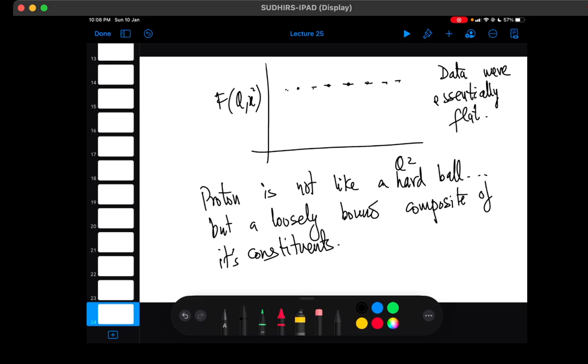if these are quarks, like Gell-Mann has predicted, but there was some sort of bad blood between Gell-Mann and Feynman and all the senior scientists at that time. So they started calling them partons.